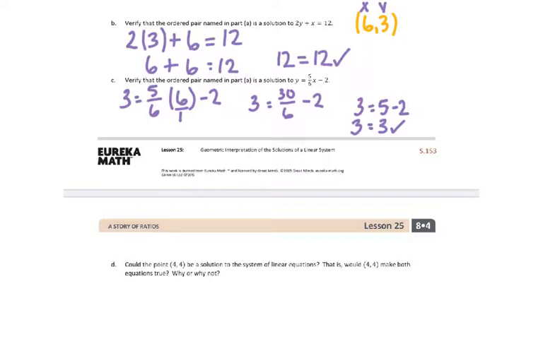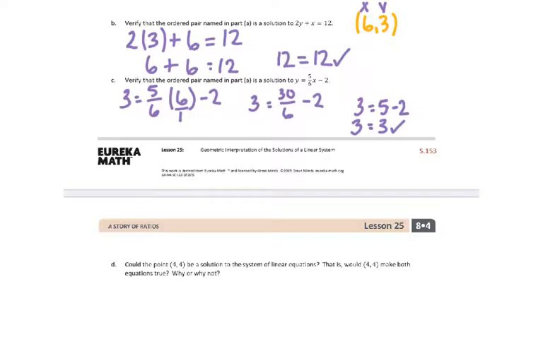All right, in part D, they're asking us, could the point 4, 4 be a solution to the system of linear equations? That is, would 4, 4 make both equations true, why or why not? So we're very simply going to plug in 4, 4 for x and y in both of these equations to see if they are true.